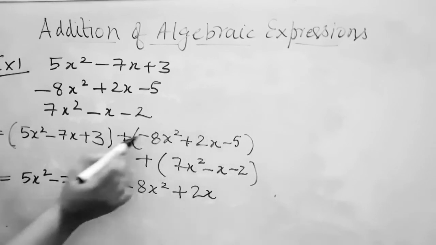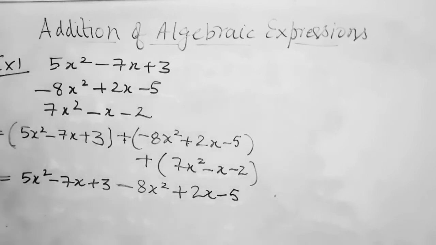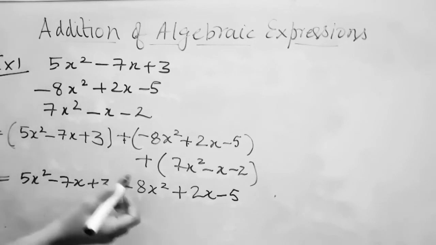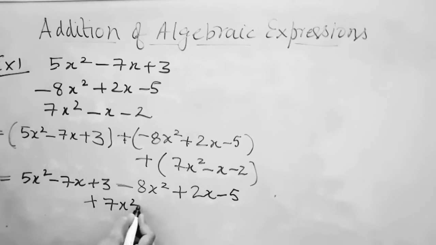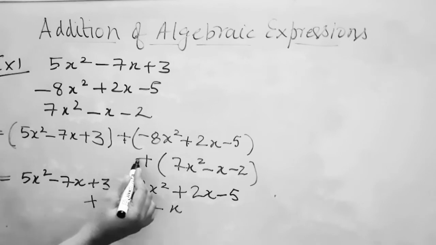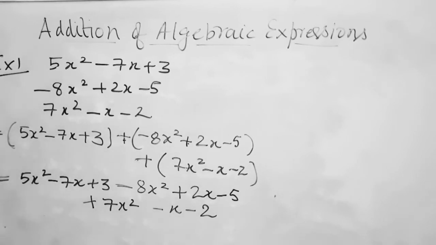Plus minus minus, so it will be minus 5. Done with the multiplication. You have to understand each step carefully. The next step: again plus plus plus, so plus 7x square. Plus minus minus, so minus x. Plus minus minus, so minus 2. That is the final multiplication.